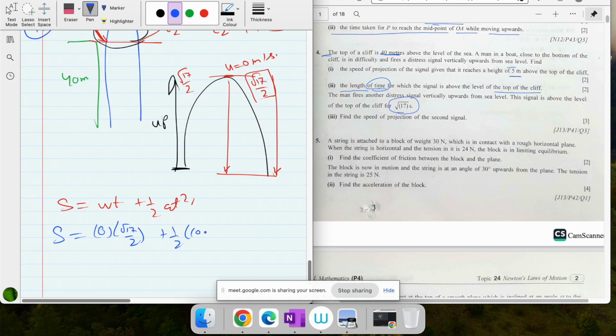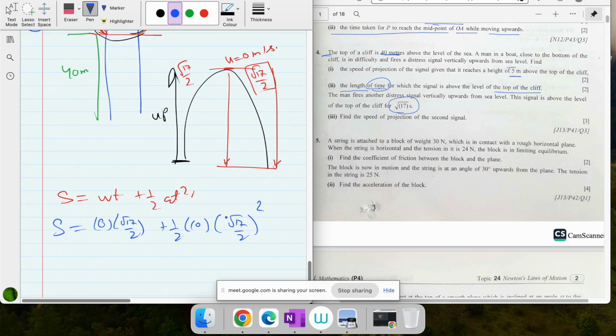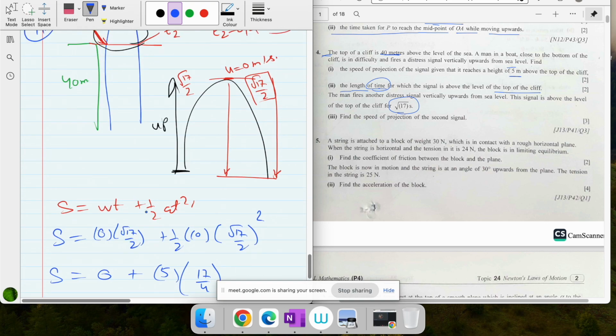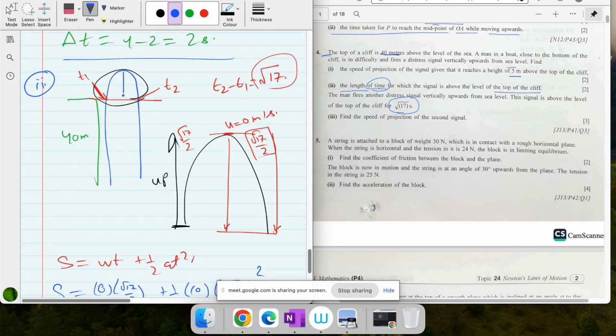I'm taking acceleration positive 10 considering it is coming down and speeding up, and again square root 17 by 2, half of the time which it takes to come down. s is equal to 0 plus 5 into 17 by 4. Using calculator, 5 into 17 by 4, I'm getting 21.25. So basically distance traveled above the height is 21.25.